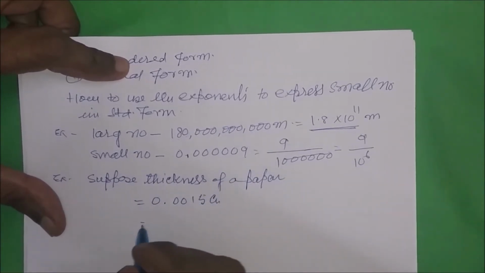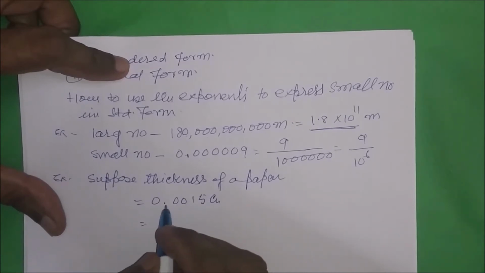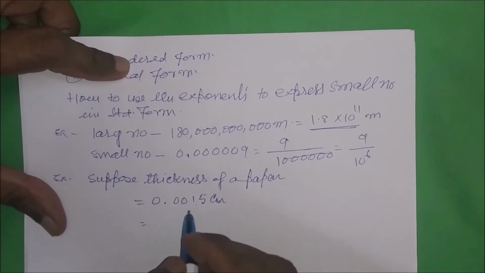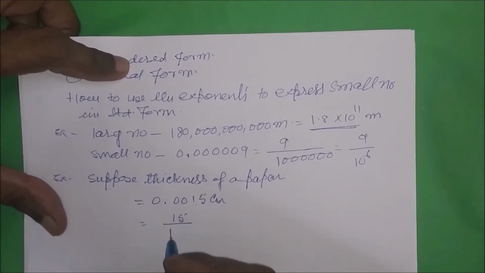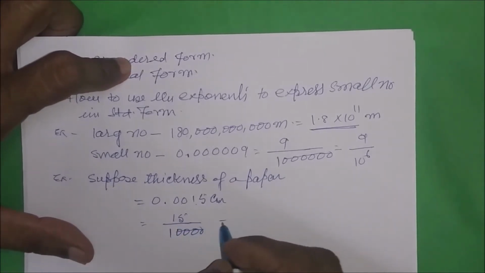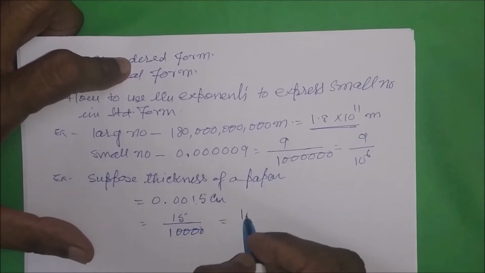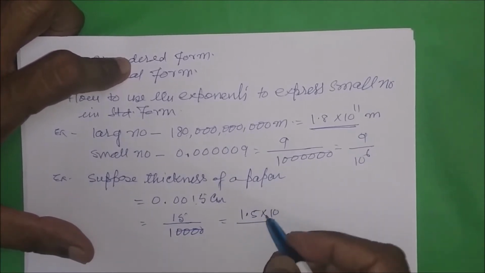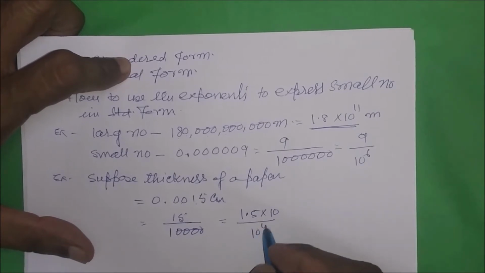How will you write this one? After the decimal there are 4 digits, so we can write 15 upon 1 and 4 zeros, or you can write 1.5 into 10 to the power 4.